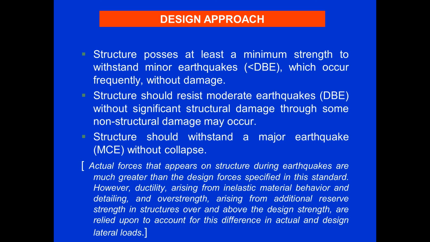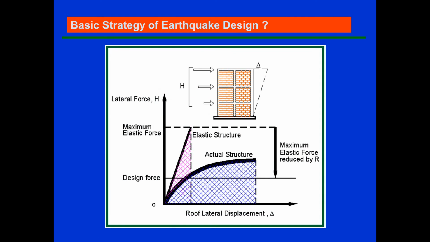However, the ductility arising from the inelastic material behavior and detailing, and strength arising from the additional reserve strength in the structure over and above the design strength, are relied upon to account for the difference in the actual and the design lateral loads. So this is the basic strategy of earthquake resistant design.